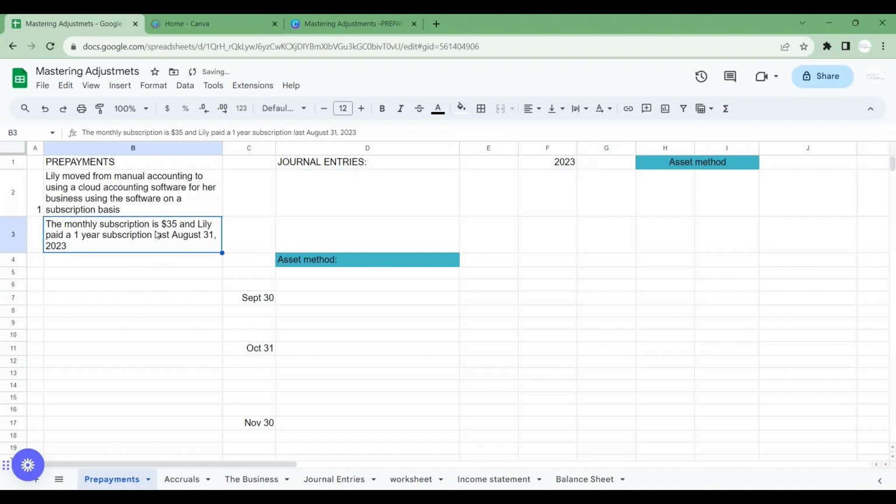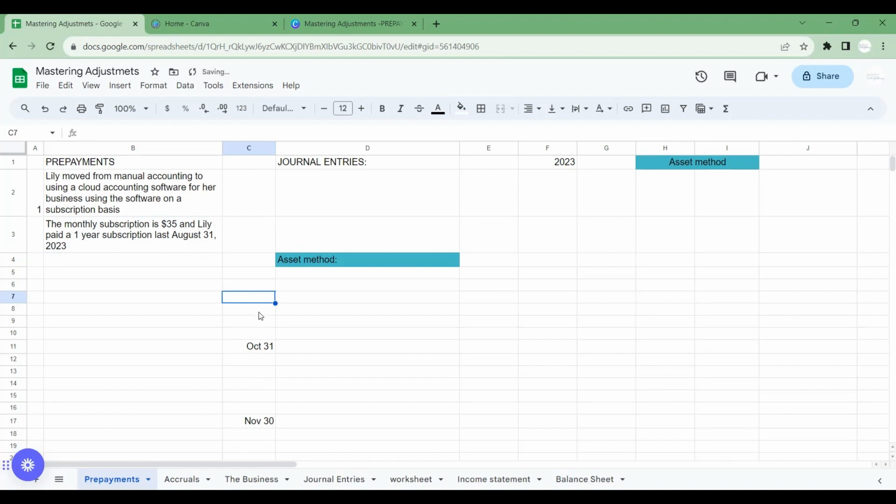The monthly subscription is $35 and Lily paid a 1-year subscription last August 2023. Let's say that we are accounting as at the end of December.